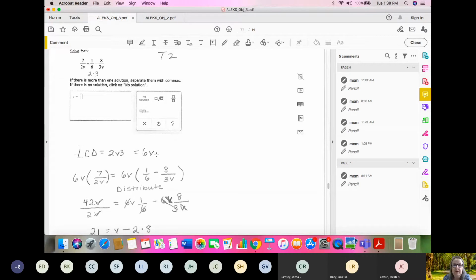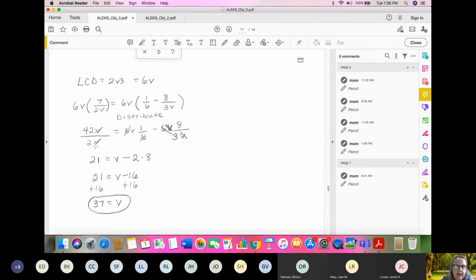We're still going to be able to solve a linear equation. So we multiply both sides of our equation by our least common denominator. So 6V times what's on this side, 7 over 2V, equals 6V times what's on this side, 1/6 minus 8 over 3V.